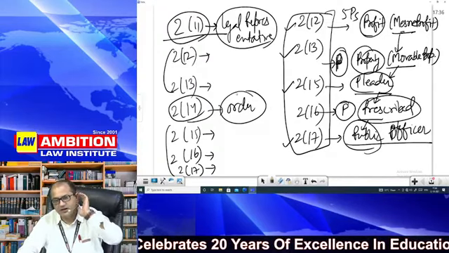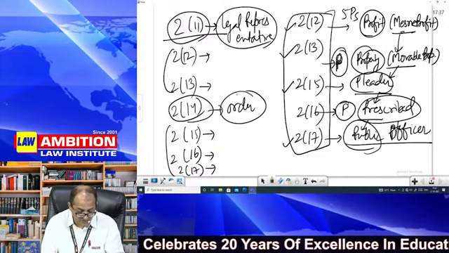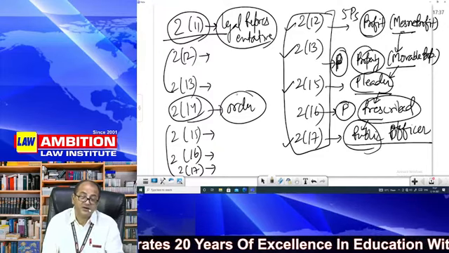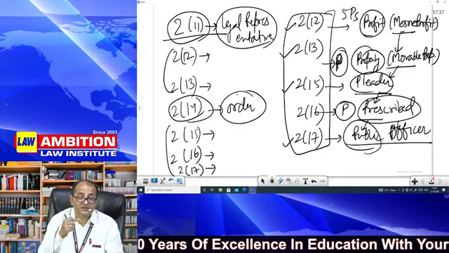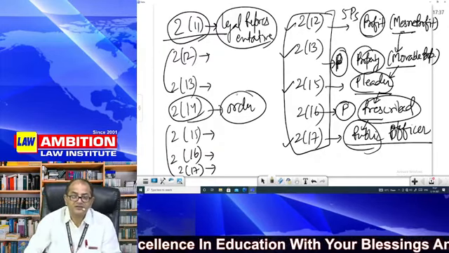Whereas judgment is grounds for decision. Judgment is different. Judgment means a statement given by the judge on the grounds of a decree or order. So what is the ground of a decree or order? That is judgment. So we read judgments; we do not say court orders, we say court's judgment.